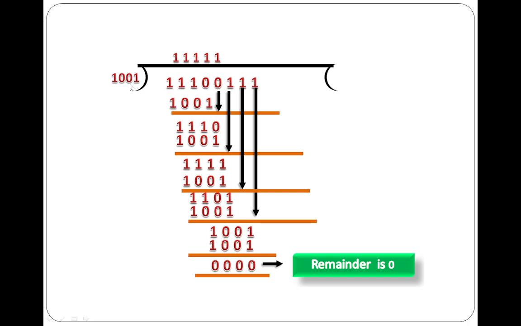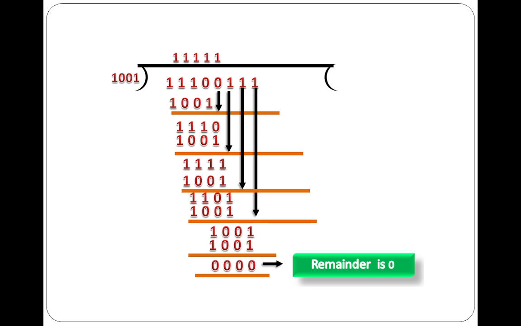The same kind of binary division we perform at the receiver side. We get the resultant value of 000 as the remainder. From that we can confirm that there is no error during the data communication. So that is one kind of error detection mechanism.